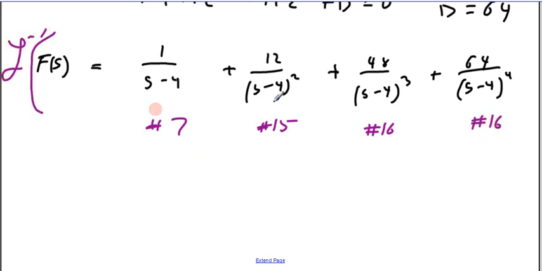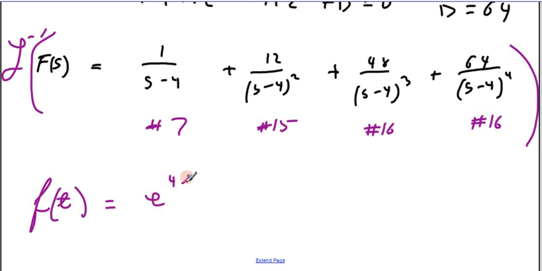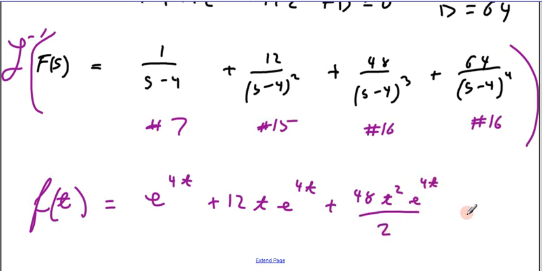Inverse Laplace transform: f of t is equal to e to the 4t plus 12t e to the 4t plus 48t squared e to the 4t divided by 2 plus 64t cubed e to the 4t divided by 6.